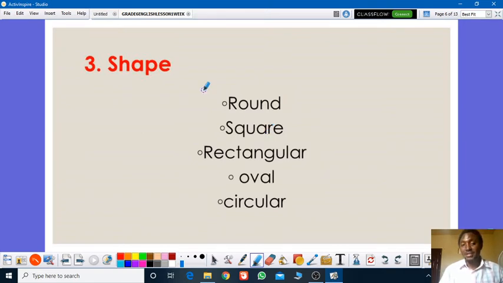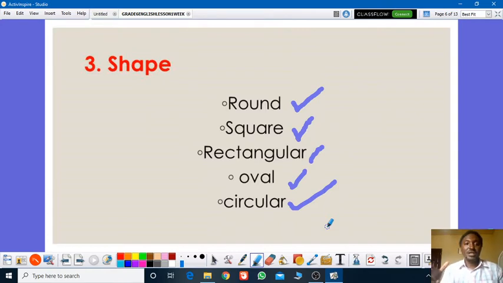Number 3, shape. So it is size, then age, and shape. Remember, size and shape are different. For shape, you can use words like round, square, rectangular, oval, circular. Some students confuse shape and size. You shouldn't.